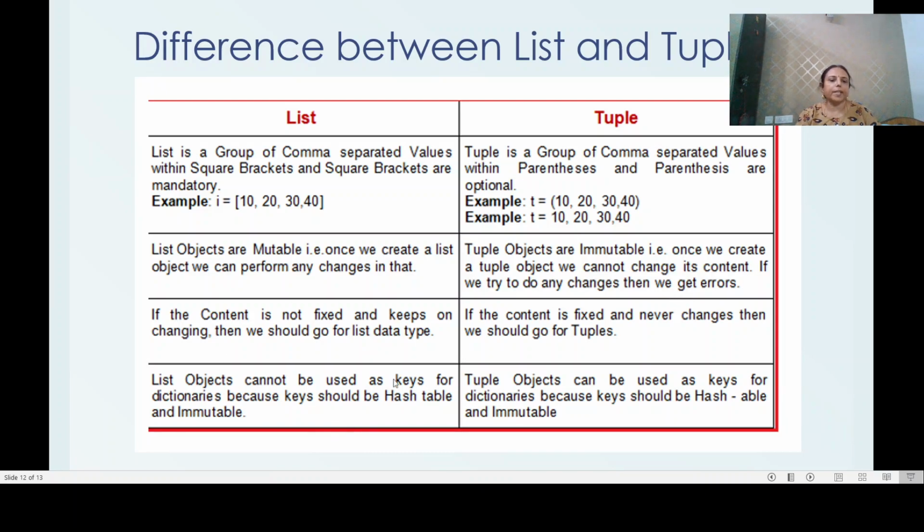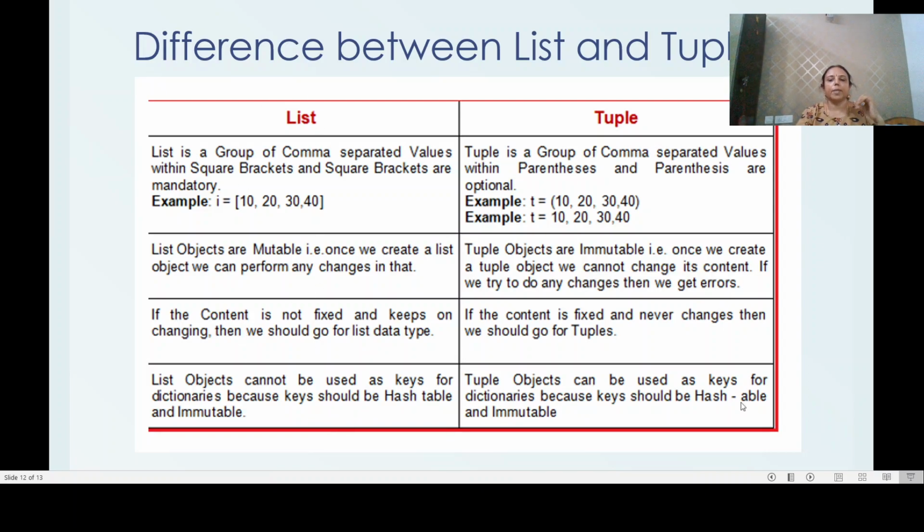List objects cannot be used as keys for dictionaries because keys should be hashable and immutable. Tuple objects can be used as keys for dictionaries. A list cannot be used as a key because keys are unique, which means they cannot be changed. So we cannot use a list as a key.